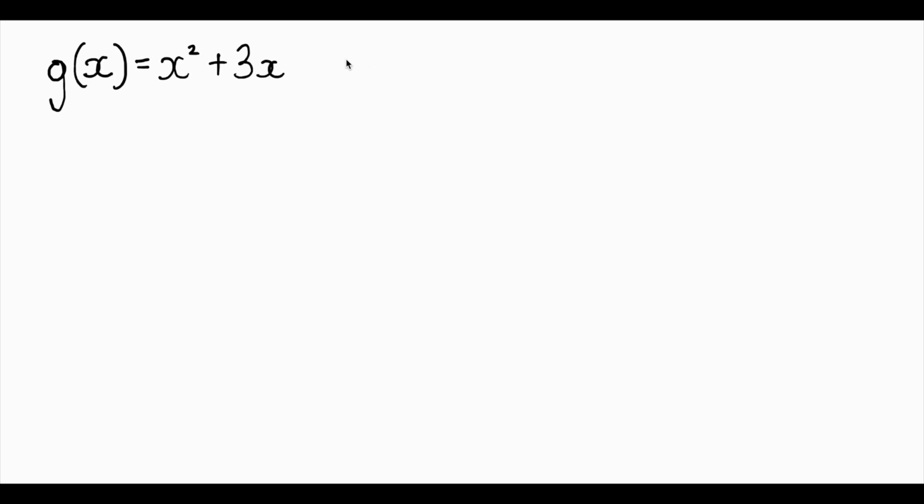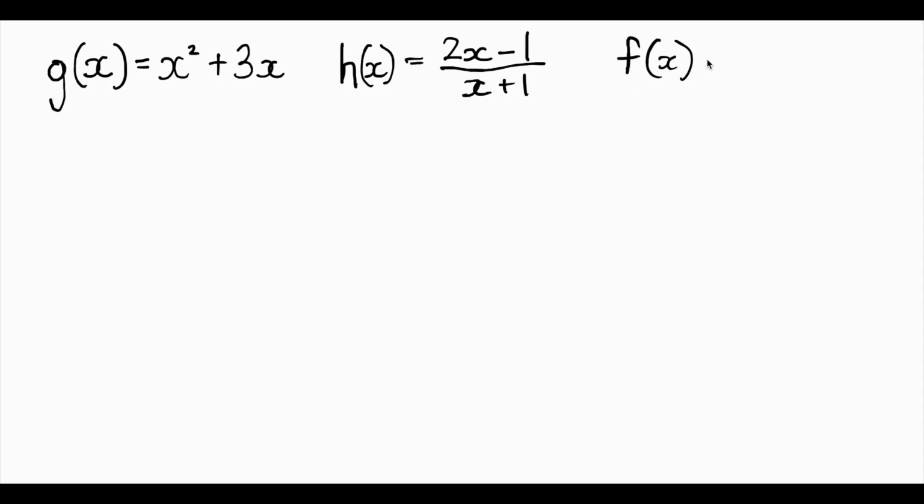And then we're going to have h, which is equal to 2x minus 1 over x plus 1, and then we'll have a next one that we'll call f of x, which is 3 minus 2x. In fact, let's write this one differently, the second alternative for how it can be written, 3 minus 2x. However, this is the same concept.